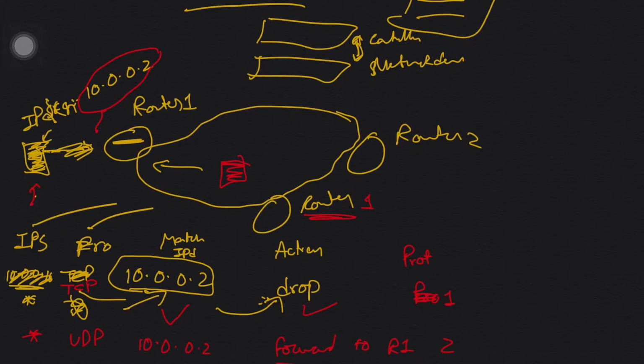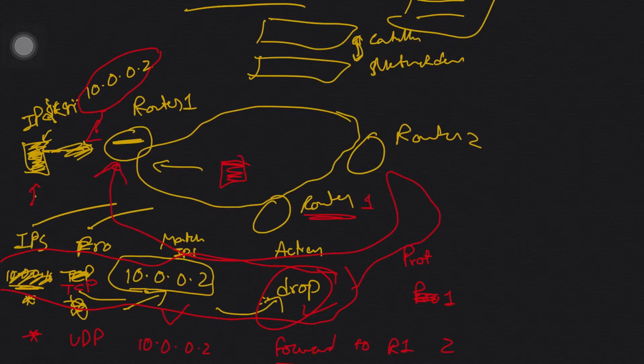I will show you a better example where priority is so much useful. I hope you understand. So when a packet is coming, this router will verify where the destination of the packet is going. If it is 10.0.0.2, it will drop, because we have created that rule in the flow table. Where is the flow table? Flow table is in the router.